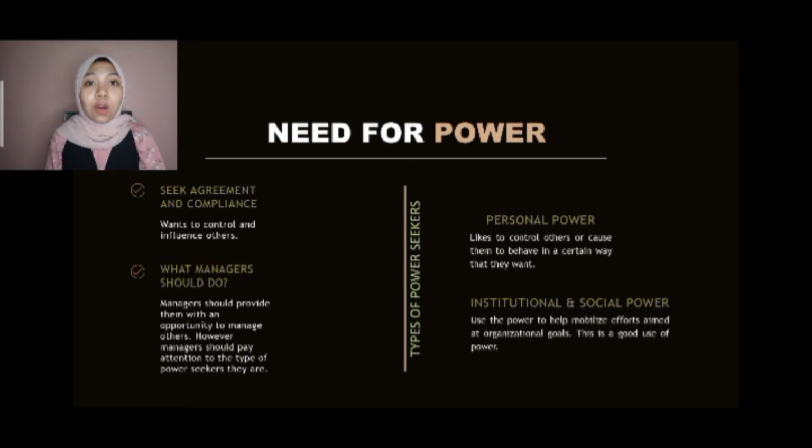They use the authority that they have to manipulate their employees to do the job or the task that actually needs to be done by them. For example, he assigns his employees to do a job, and then he takes credit for the job that the employees do for him. So this is the bad use of power. It is a misuse of power. And then we look at the institutional and social power.